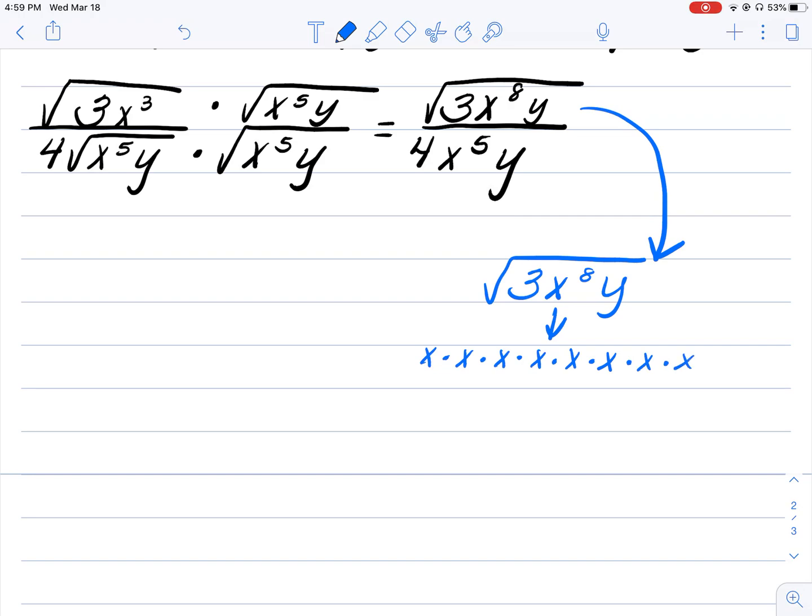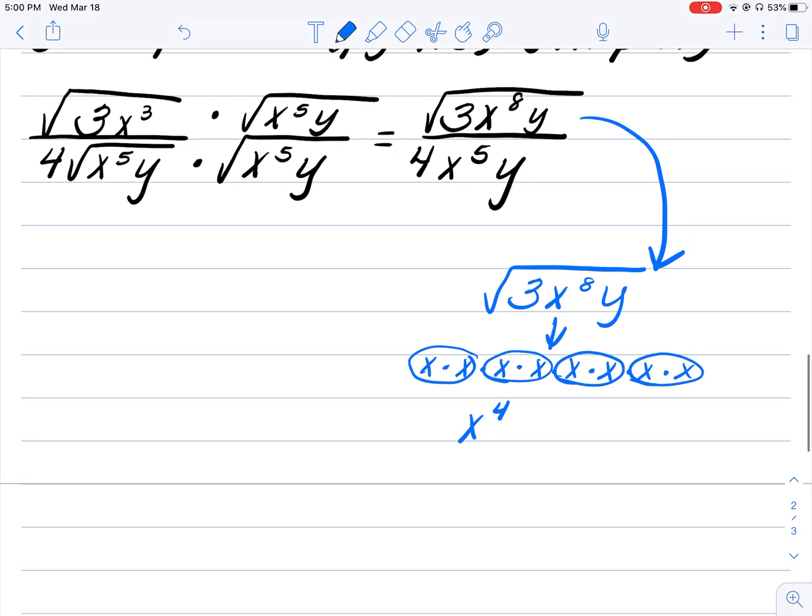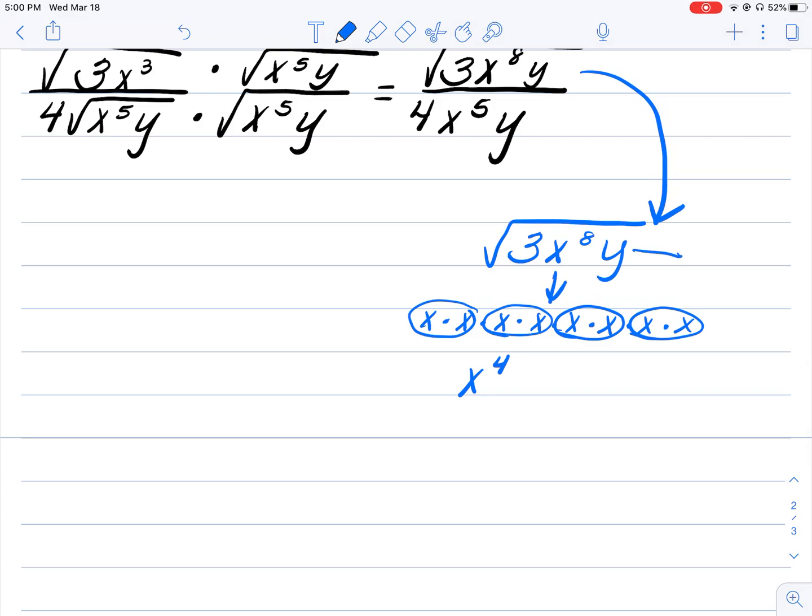We want to pair them up in groups of 2. Ready? 1, 2, 3, 4. We have 4 groups of 2, and those are my x values. And then y is just y, so there's no pair there. Everything that doesn't have a pair goes back inside.